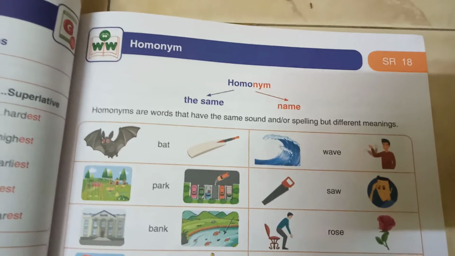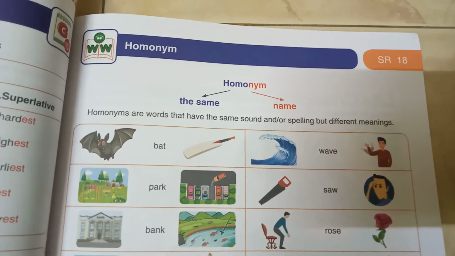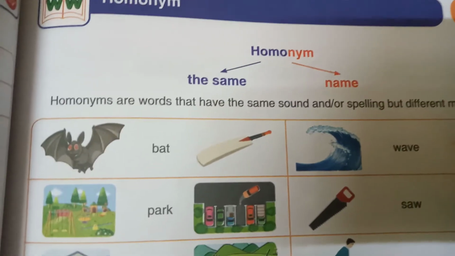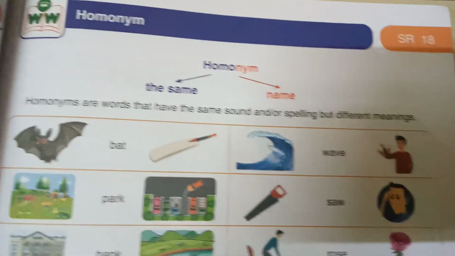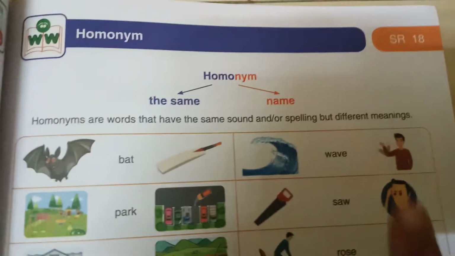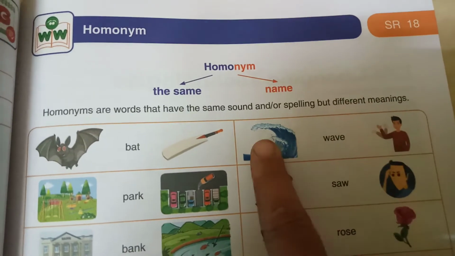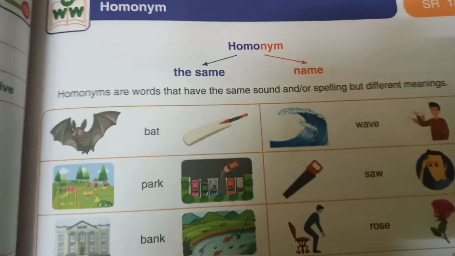Bat, wave, park. See here, bat. Two types of bat are there, meaning is different. This is one bat, this is another bat. Wave, waving your hand like this, and sea waves. Park, you're parking the car.